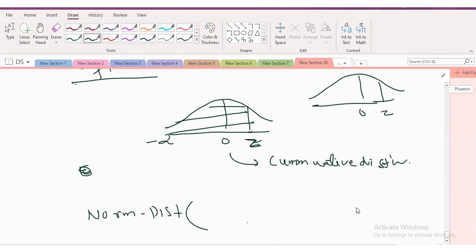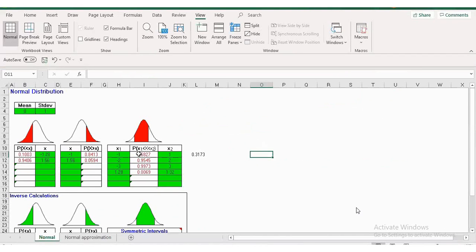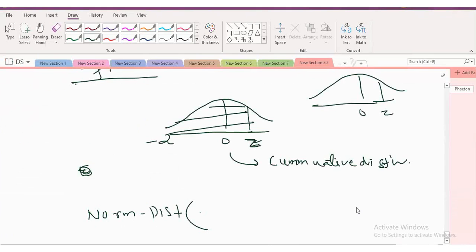What is it expecting? Let us see. I also don't remember all these things. NORM.DIST, first the value which you want to find out, give the corresponding mean, give the corresponding standard deviation. True means what it is going to give? Cumulative, which we have done in your binomial dist. For example, I want to know the area from 2 with a mean of 0, standard deviation of 1, true. What is it going to give?